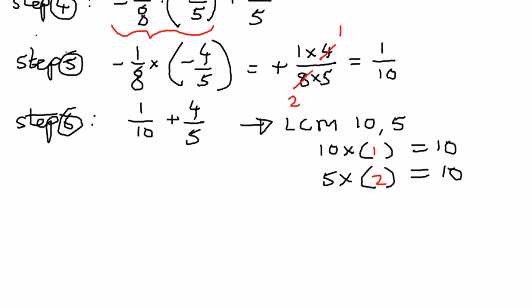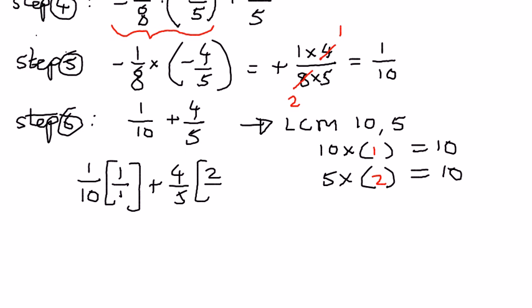So we can write the first fraction as 1 over 10 multiplied and divided by 1, and the second fraction 4 over 5 we will multiply and divide by 2 because we want to make the denominator equal to 10 from what we have seen from this least common multiple process.